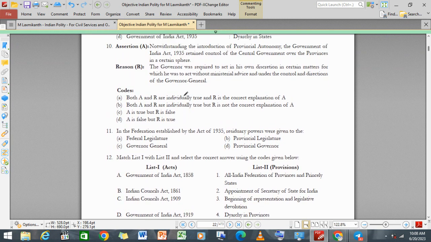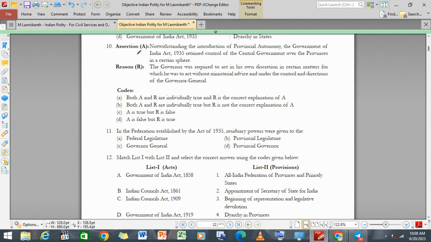Now, 10. Notwithstanding the introduction of provincial autonomy, the Government of India can retain control of the central government over the provinces in this sphere. Reason: the governor was required to act in his own discretion in certain matters, in which he was to act without ministerial advice, under the control and direction of the Governor General.